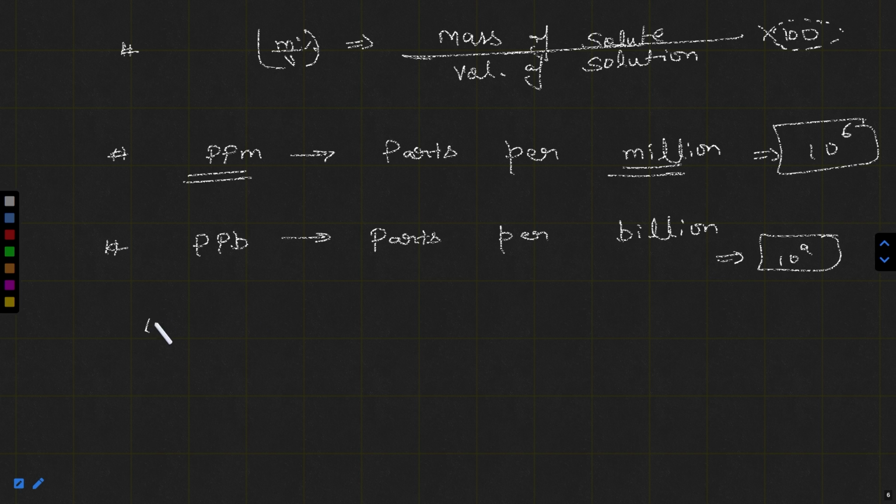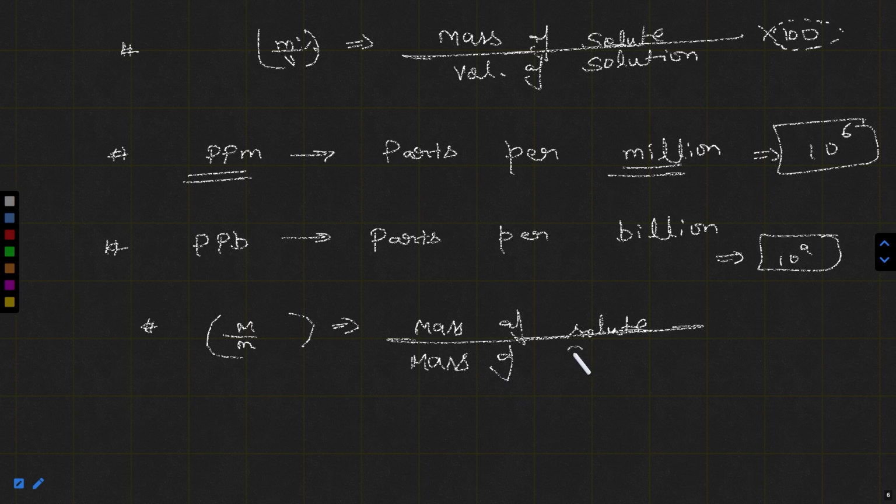Let's understand with some formulas. Suppose you are saying mass by mass, but in terms of ppm. So you can apply the formula mass of solute divided by mass of solution, multiplied by 10 raised to the power 6.